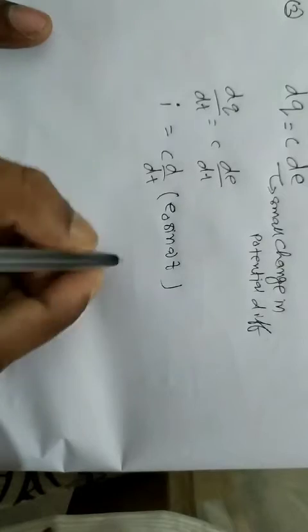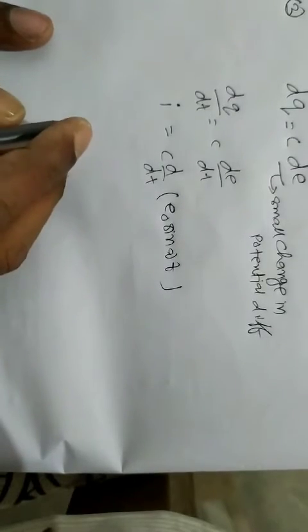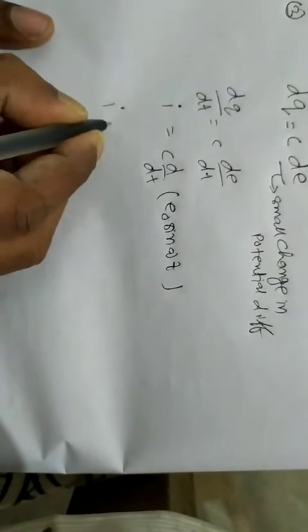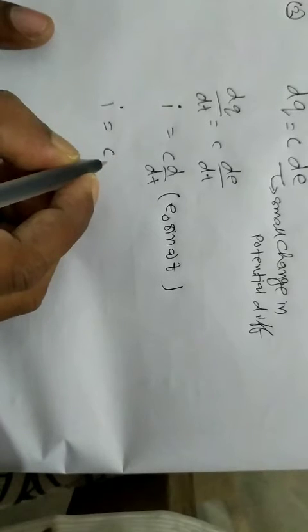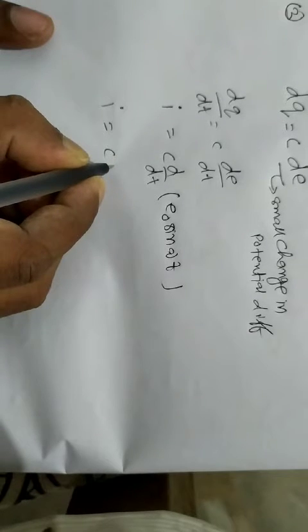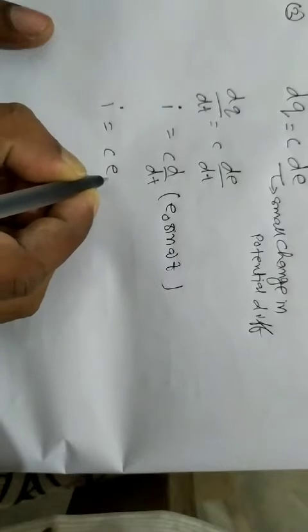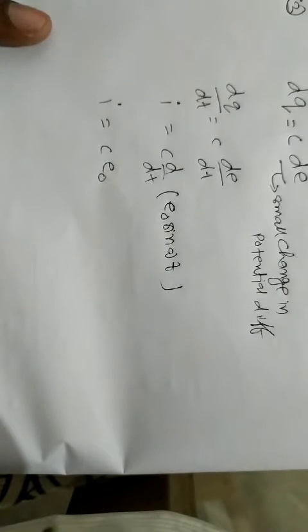So now we have to differentiate E naught sine omega t. All the constants will be outside. So I is equal to C. Which thing will be constant? E naught is the peak EMF, that is constant.